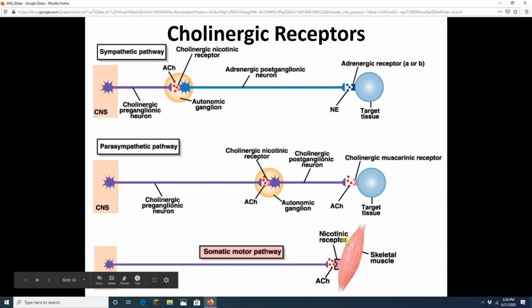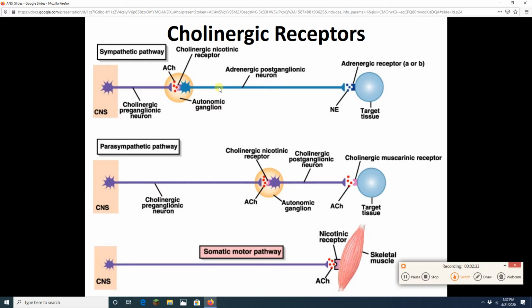The skeletal muscle and these two postganglionic neurons, their job in response to the acetylcholine is going to be to generate an action potential. So acetylcholine has got to make this neuron fire an action potential. It's got to make this neuron fire an action potential. It's got to make the skeletal muscle do the same thing.